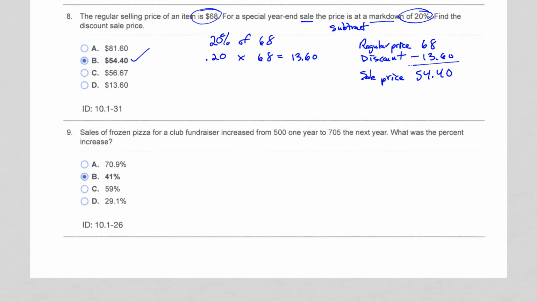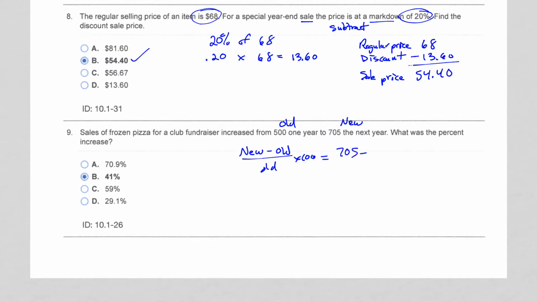Okay, so basically we have the next year. This is the new, this is the old number. And so remember, it's going to be new minus old divided by old times 100, to convert it to a percentage.